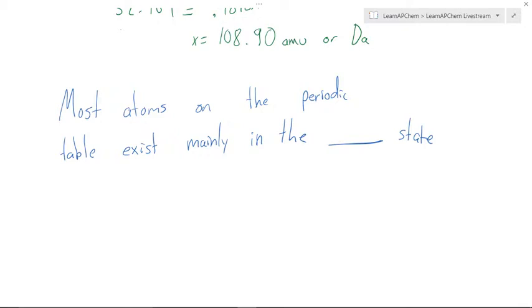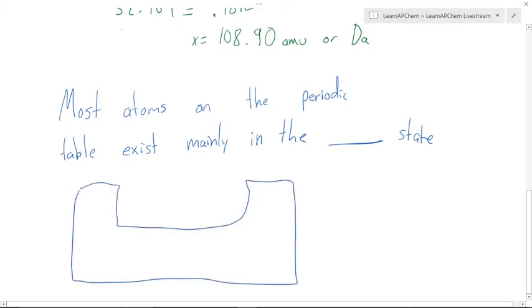Alright, so if we think about the periodic table, I'll just draw a blank, terrible periodic table. Okay, so your guess is gas. All over here, these are all metals, except hydrogen, which is a gas. All these on the left are metals. These are the alkali metals and the alkaline earth metals.